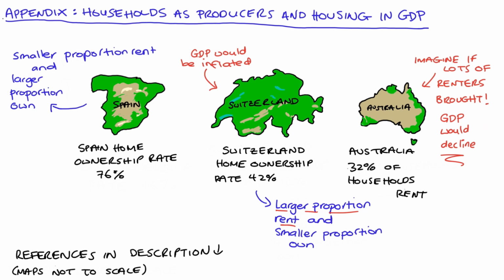Because a whole heap of rent that was going into consumption would no longer be going into that category because they would now be owners. So we get this kind of skewed result if we don't treat rental and owner-occupier housing the same as services. Once we treat all housing as a service, so new houses are investment, and once we impute the rent of owner-occupiers, these problems go away, which is why we do it.